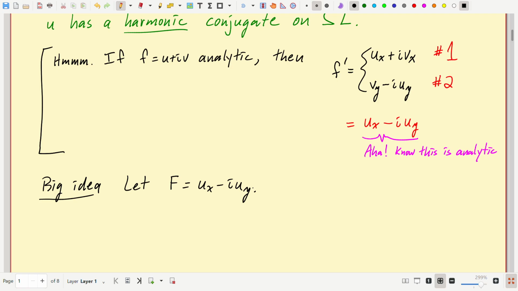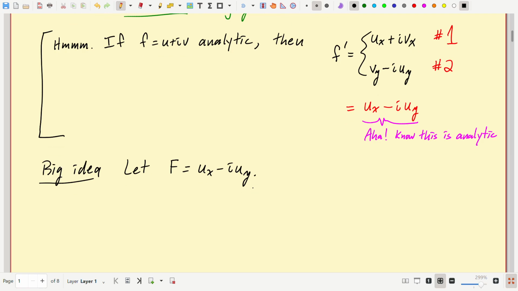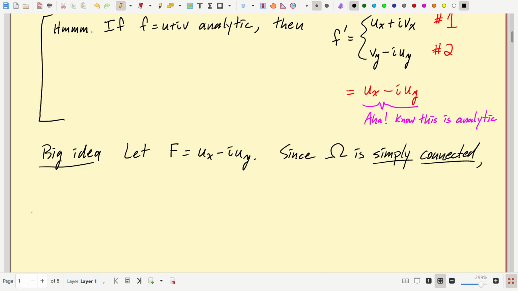We know that on a simply connected domain, analytic functions have analytic antiderivatives, since that followed from the Cauchy theorem. Omega is simply connected. We know there's an analytic antiderivative for this capital F. And hopefully that's going to give me the harmonic conjugate I want. I have to think about that.